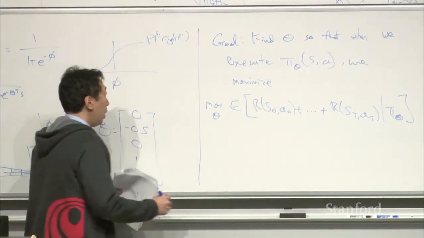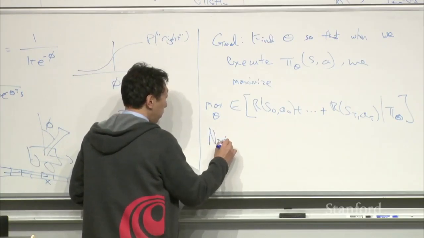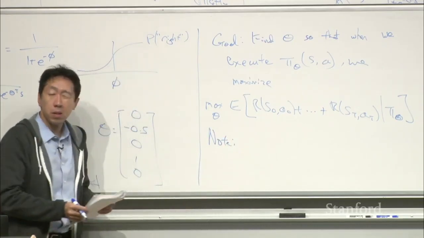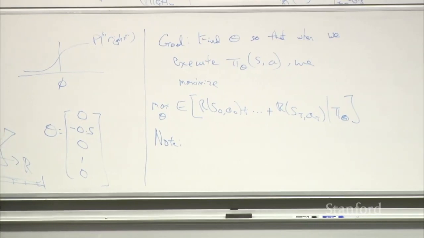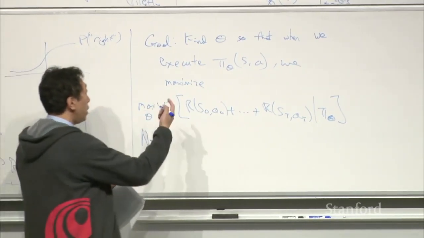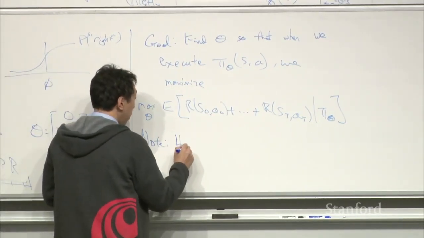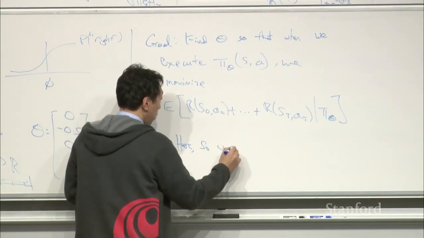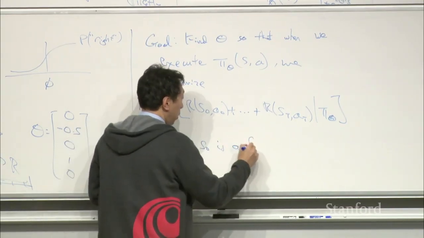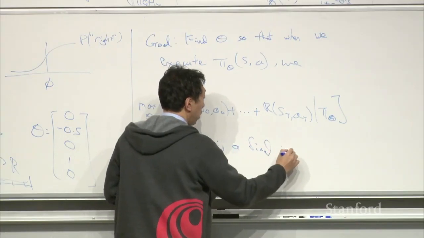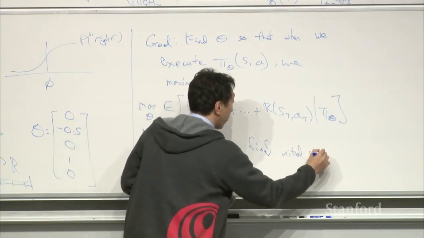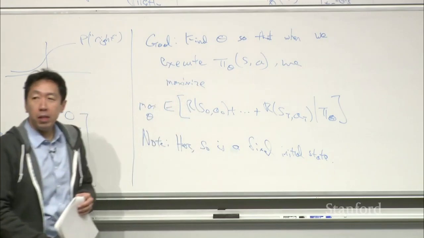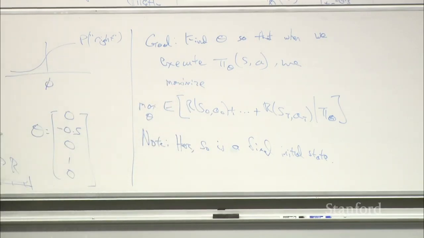Okay? And then one other difference between policy search compared to estimating the value function is that in direct policy search, here S0 is a fixed initial state. Okay? It turns out that when we were estimating the value function V star, you found the best possible policy for starting from any state, right?